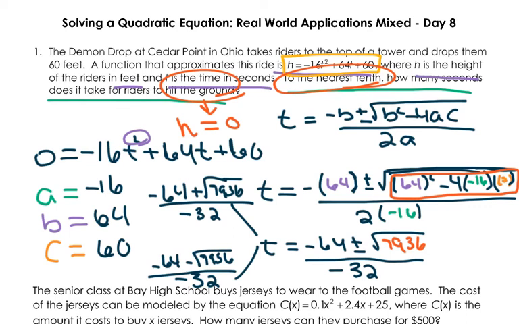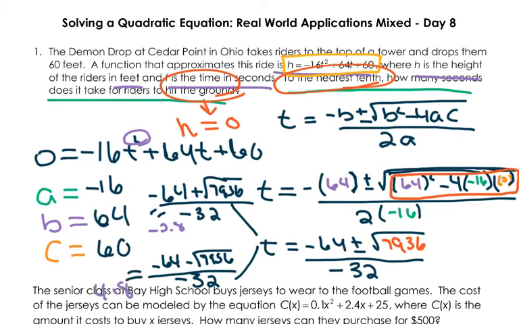And then I would get two answers. When I do plus, I will end up with negative 0.8. Let me rewrite that. Negative 0.8.